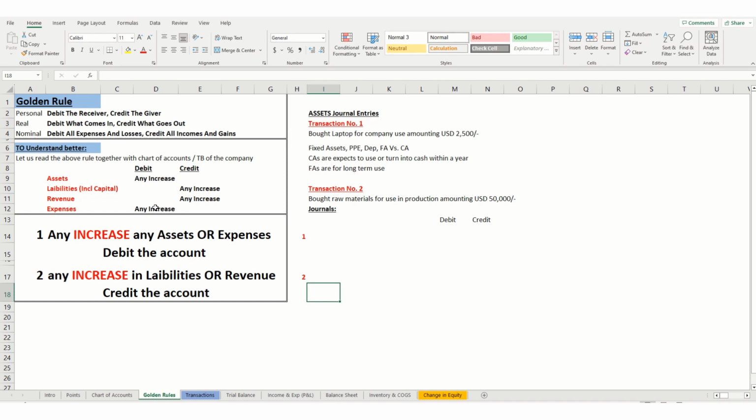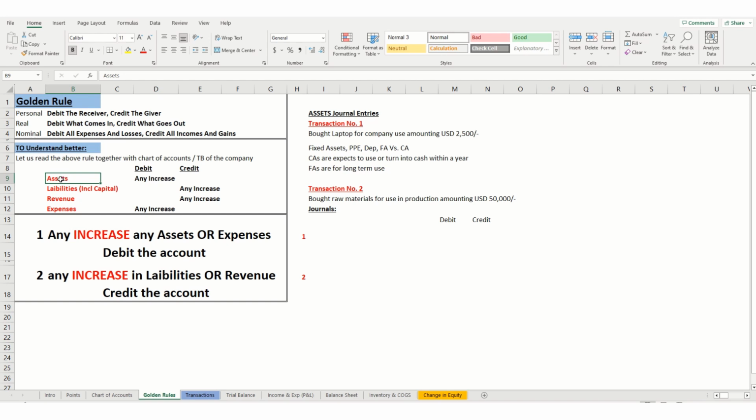Coming back to the fundamental accounting theories, they are assets, liabilities, revenue, and expenses. Liabilities include capital. These things we have already discussed, but again, I'm going to discuss them one by one.